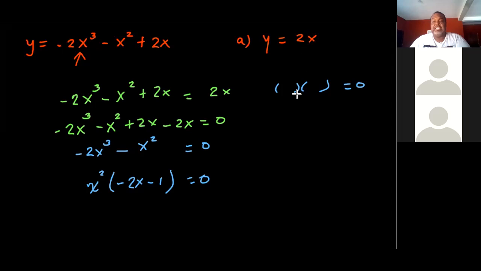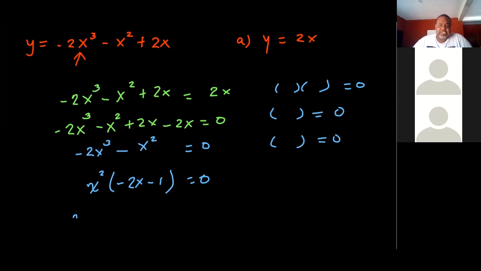If two different things multiplied by each other give me 0, one of them must be 0. There's no way we could multiply two non-zero terms and end up with 0. The fact though that we're dealing with variables, we don't know which one gives you 0. So what we do is we set each of them equal to 0 and we solve.